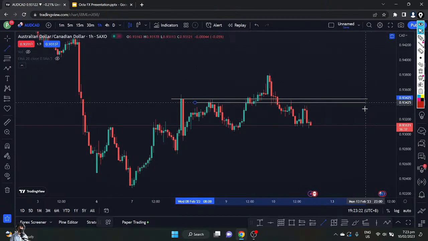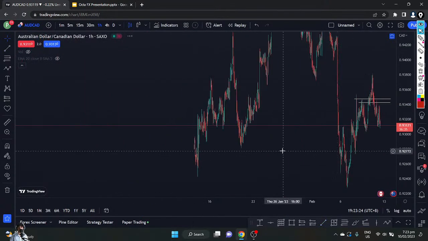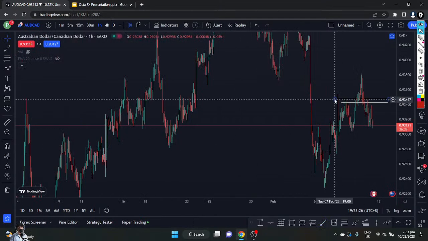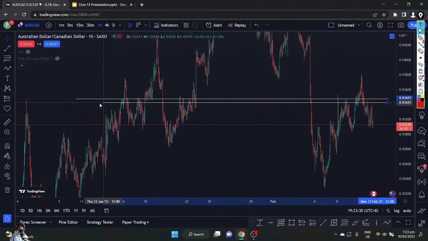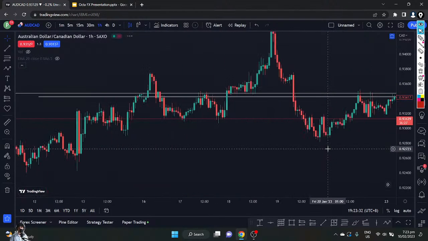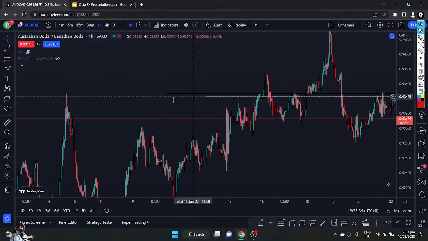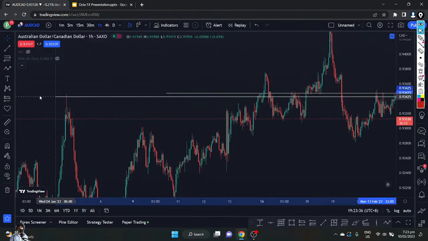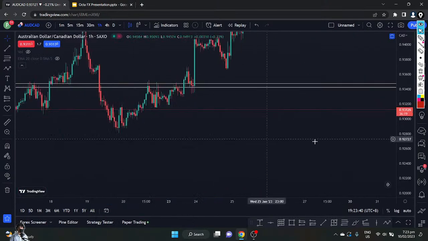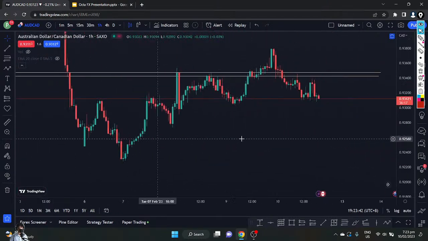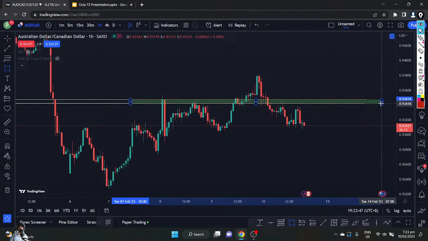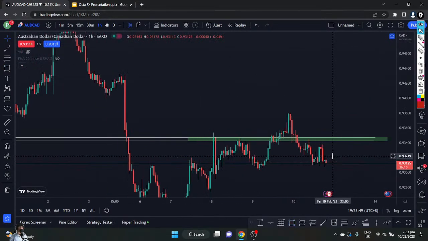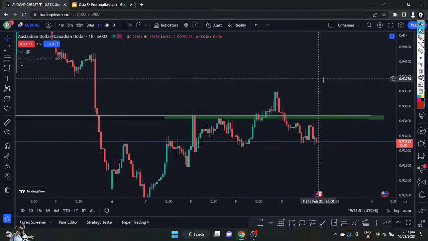And as we can see, we have it right here. We can even zoom out the chart, and we can see that this support was tested multiple times before. And we can see that we have multiple touches right here. And because of that, this could be a good support zone for the price. Okay, so that's how we can draw a zone.